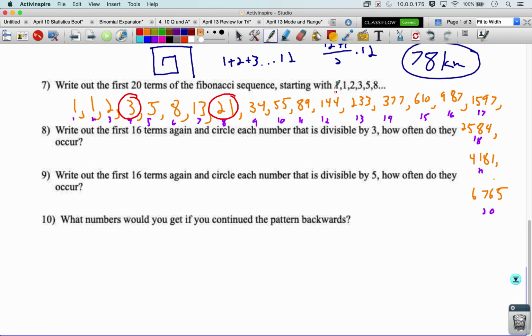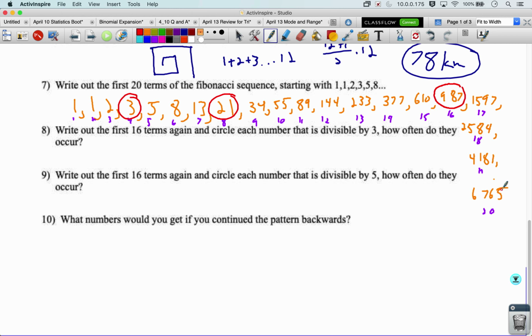Let's see. No, no. No, nope. Yes. This one is divisible by 3. No. Nope. No. 6 plus 7 plus 6 plus 5.